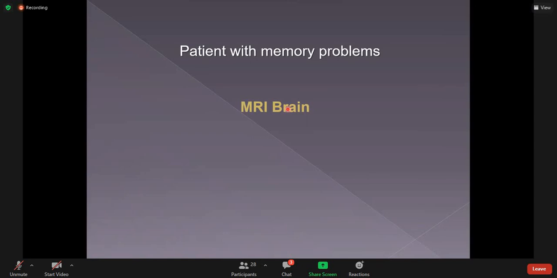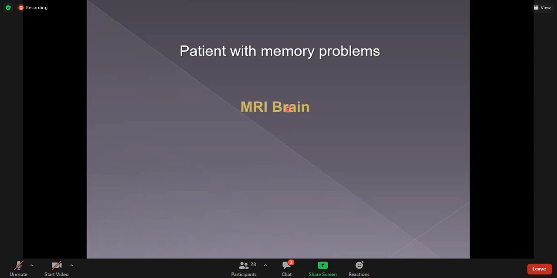We have to do the T1, T2 and FLAIR images in plain MRI. If we ask for plain MRI, it is T1, T2 and FLAIR. When we say stroke protocol, T1, T2, FLAIR and DWI, ADC.